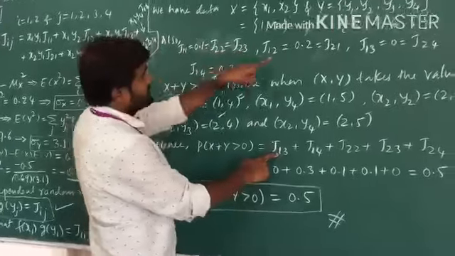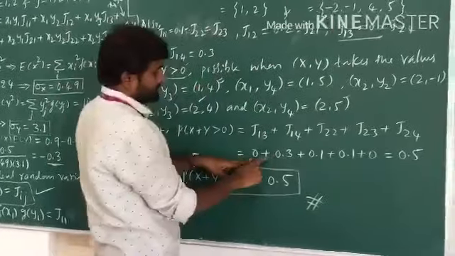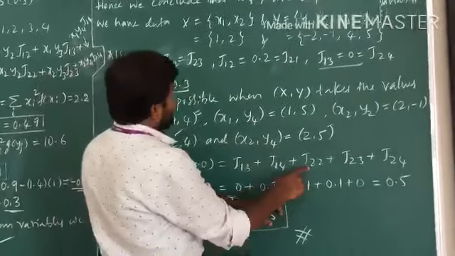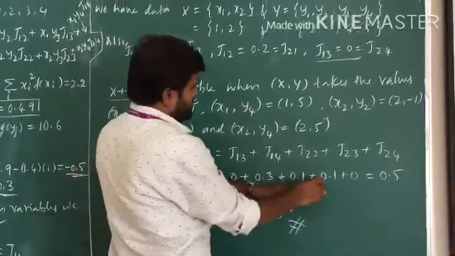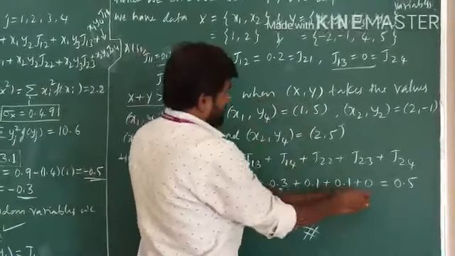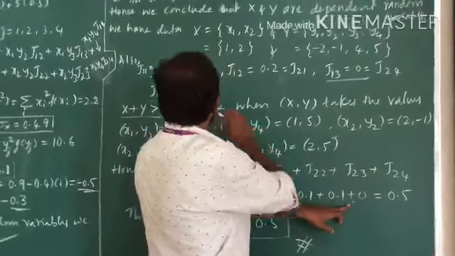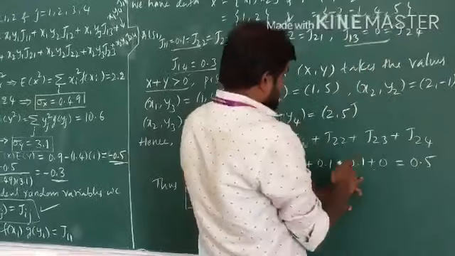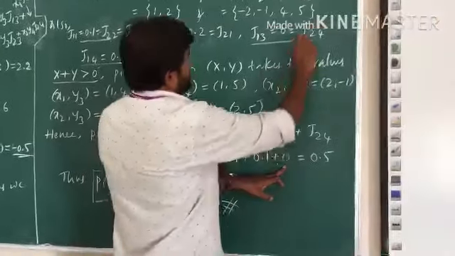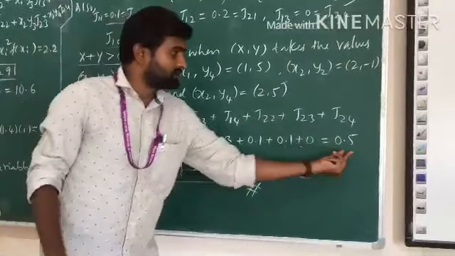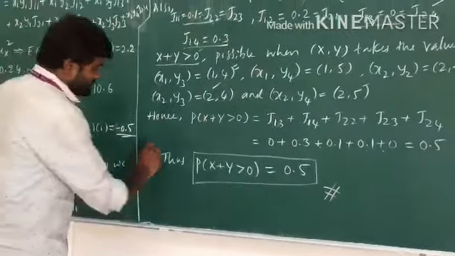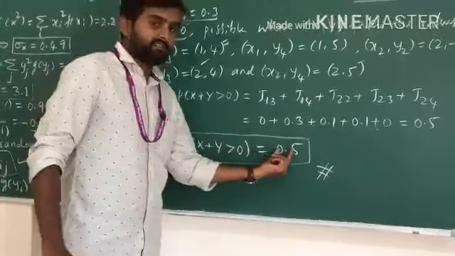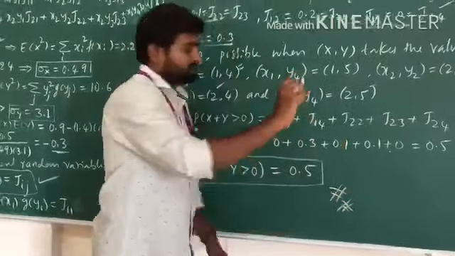J13 is 0, J14 is 0.2, J22 is 0.1, J23 is 0.1, and J24 is 0. After adding these values, we get 0.5. Thus, probability of x plus y greater than 0 equals 0.5, which is the required solution of the given example.